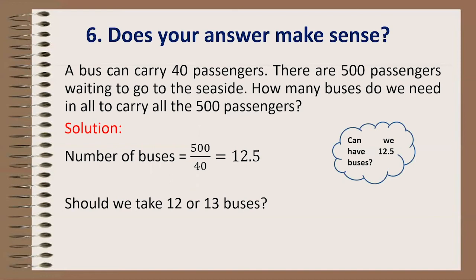Only 480 passengers will be able to go to the seaside. But you have been asked to carry over 500 passengers. So this means that we need to take 13 buses. So this is where you will have to use your logic, your critical thinking.